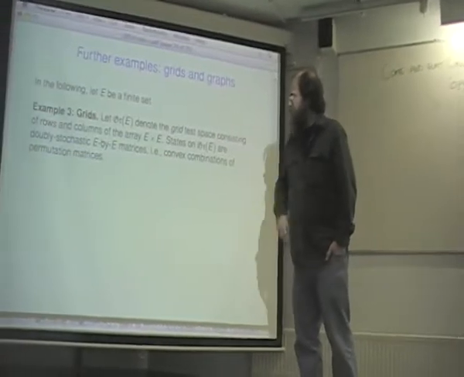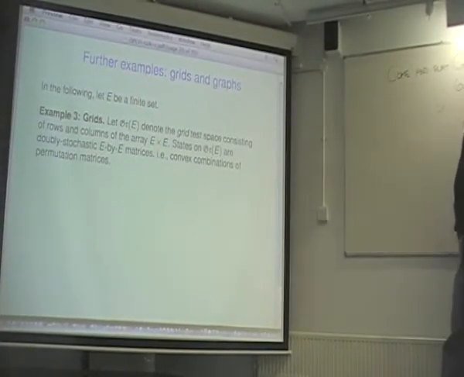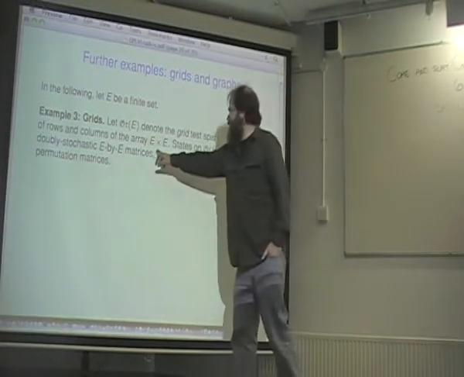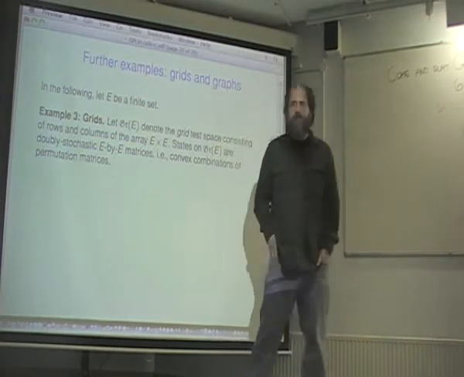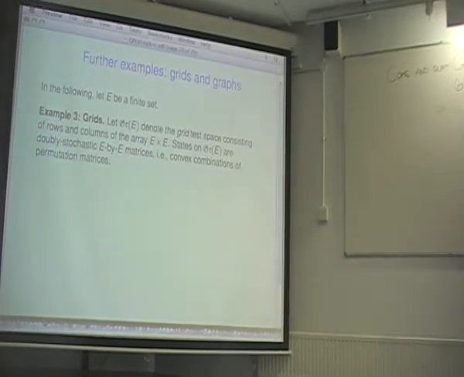Let Fraktur Gur of E denote the grid test space, by which I simply mean the set of rows and columns of the Cartesian product E cross E, regarded as a rectangular E-indexed array. So it's a big Cartesian product, think of it as an array. The rows are subsets thereof, the columns are subsets thereof. Take those sets and just declare those to be your tests.